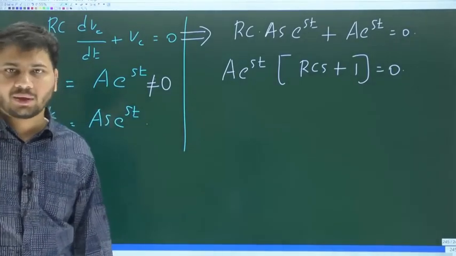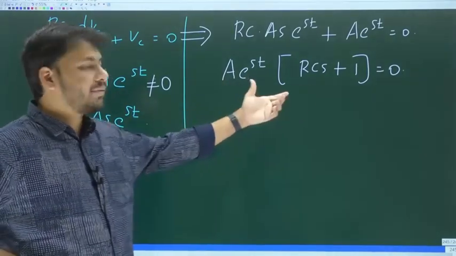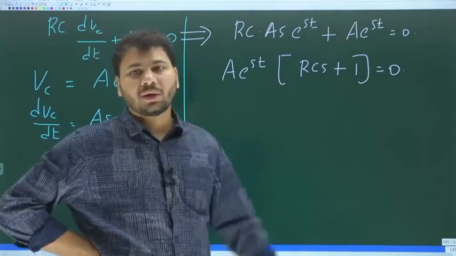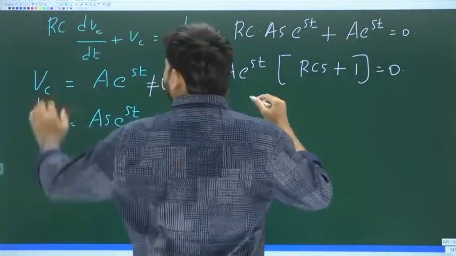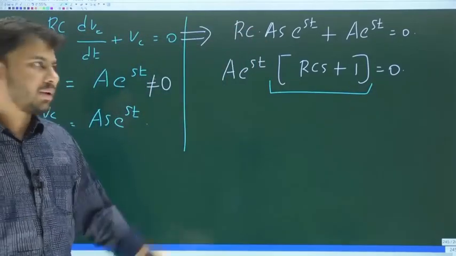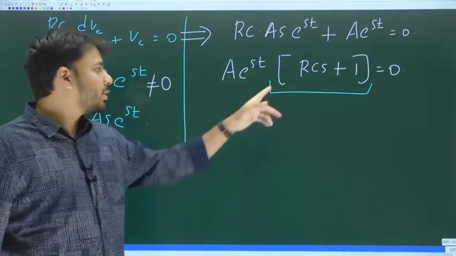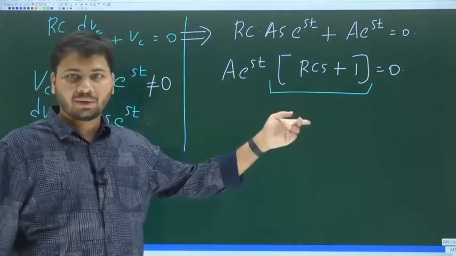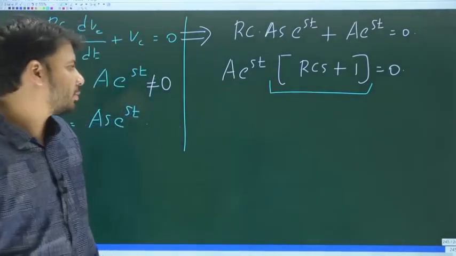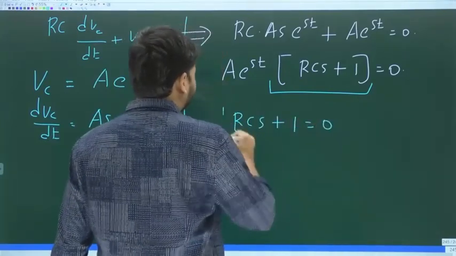If this is not 0, but the left hand side must be 0, how will the left hand side become 0? Is it not when this factor becomes 0? Given that A times e power st, which is nothing but Vc, cannot be 0, the only way the left hand side of this equation will be 0 is when RCs plus 1 becomes 0.